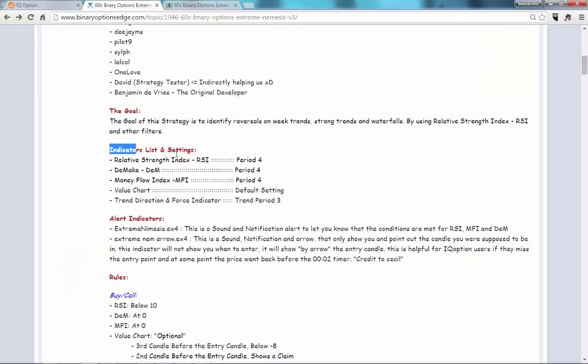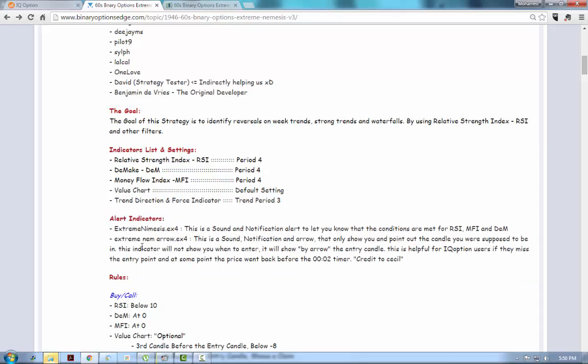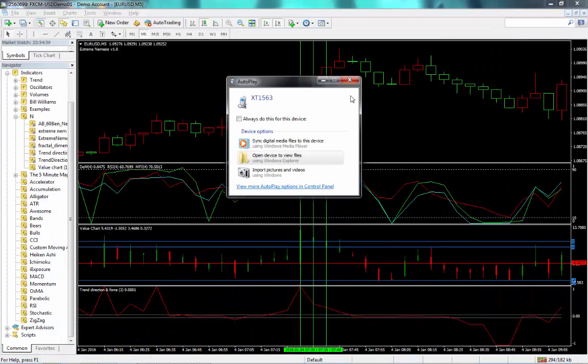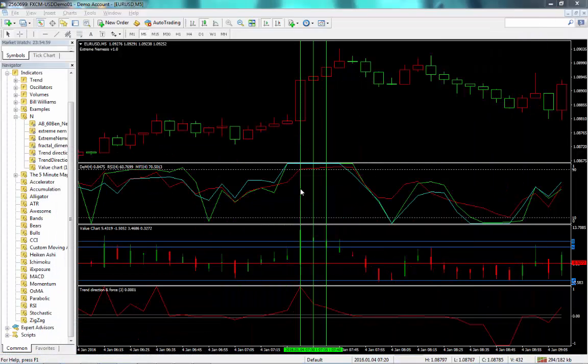Now that we finished the regular indicators, let's talk about the alert ones. The Extreme Nemesis is a sound indicator. It only comes off as a notification and a sound when the DeMarker, the RSI and the MFI meet up at the particular points that are set up, which is above 90. If they all meet up at that point, this is when it goes off.